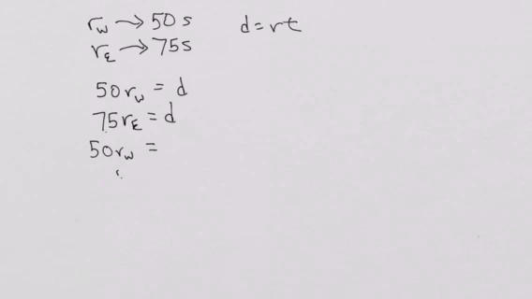Let me say 50 R sub W equals D, and 75 R sub E equals D. So those things must be equal to each other. So 50 R sub W must equal 75 R sub E.